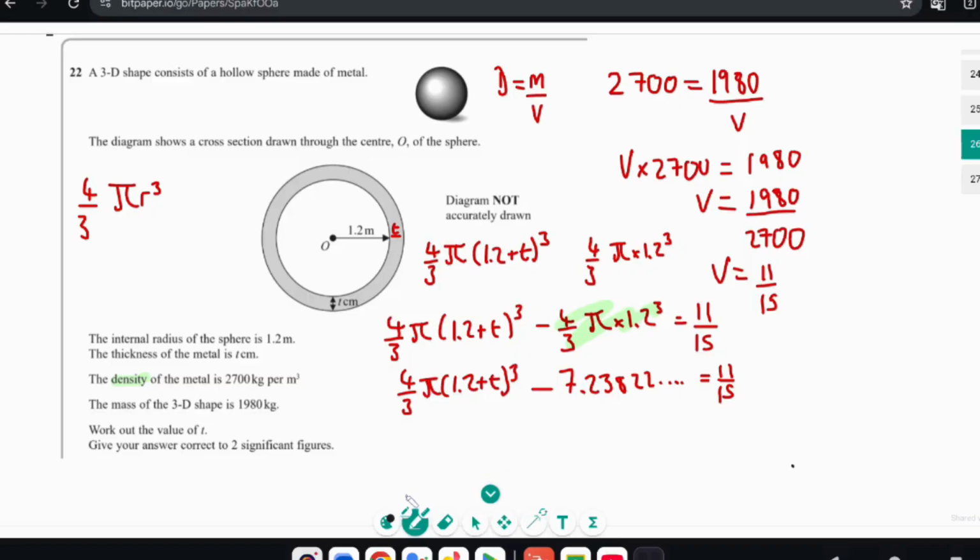Now what I can do here is add 7.23822 to both sides. I'm solving to find T. That's my ultimate quest for this question.